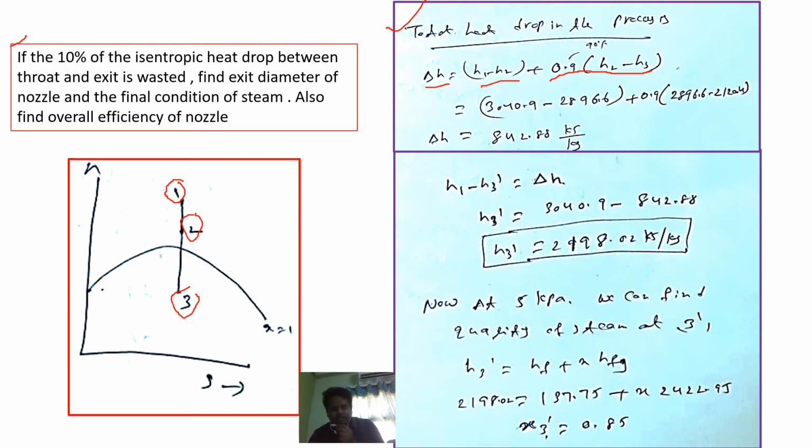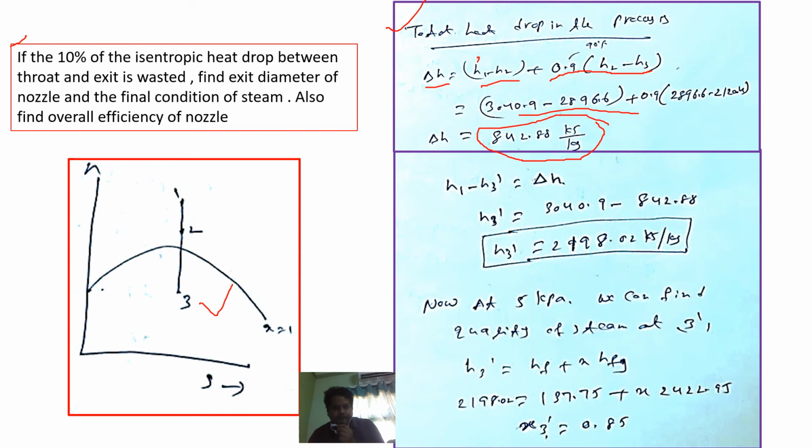Here we know all the values: enthalpy at point 1, point 2, and point 3. So substitute all the values, we will get the delta H value, that is 842.88 kilojoule per kg.